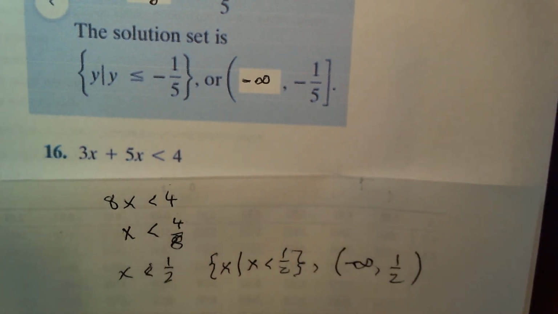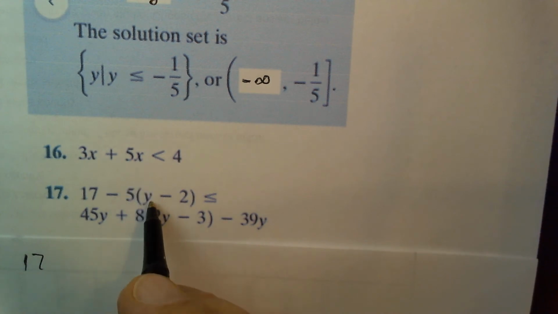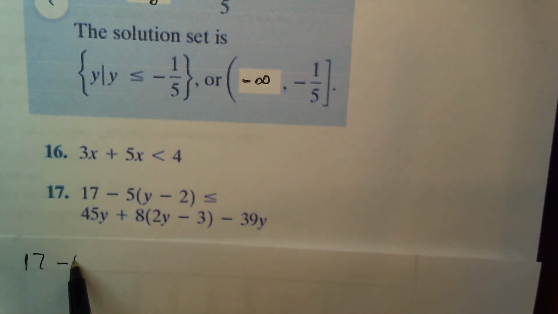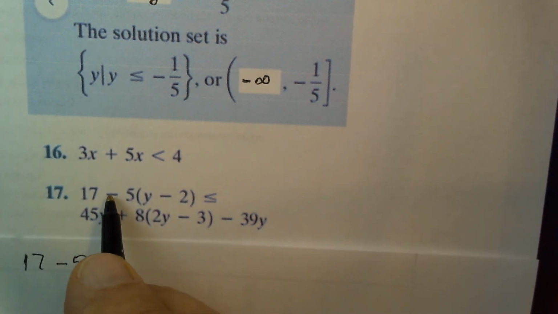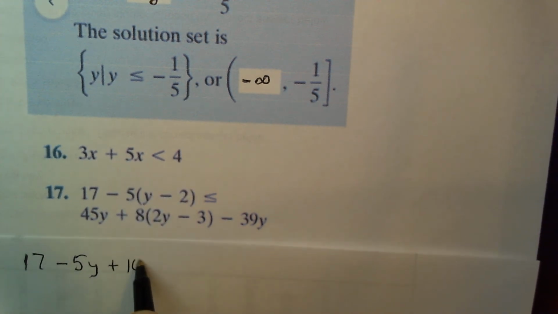In example number 17, we've got to use several properties here. And so we begin with eliminating the parentheses. So we have 17, and minus 5 times y is minus 5y. And minus 5 times minus 2 is positive 10.